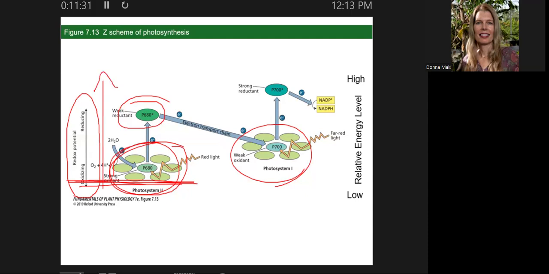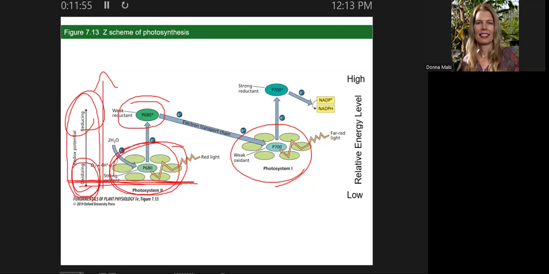So oxidizing, what they're saying there is that it doesn't like to give up electrons. It can accept electrons, but doesn't like to give up. And then reducing up top here, that means once it's in that excited state, this chlorophyll that got excited by that light energy, now that electron is in more of a reducing state where it's like, yeah, I can give off that electron. I have sufficient energy to do that.